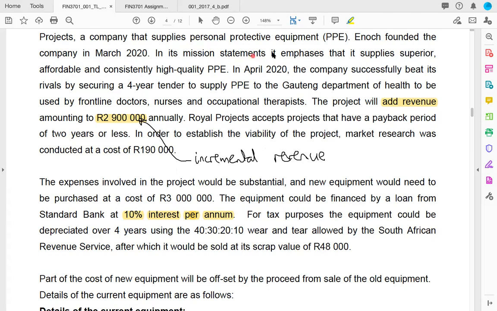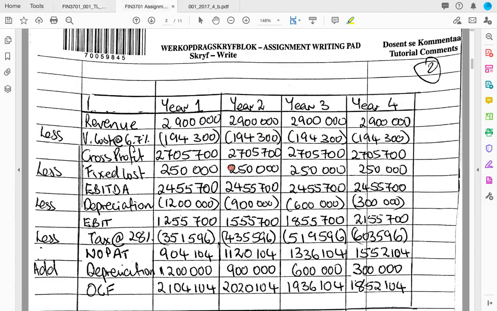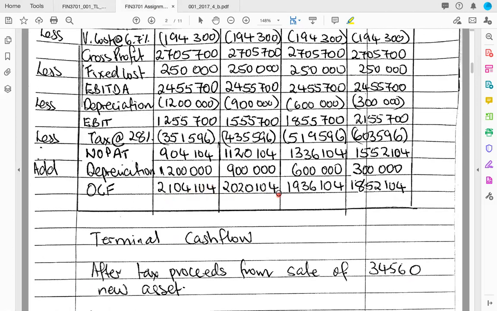So it means if we use revenue that's been added, the cash flow that we're going to get at the bottom is also going to be an incremental cash flow. So that's really important, okay? So we can continue, but you'll see what I mean as you do more questions, revision, and practice, okay?